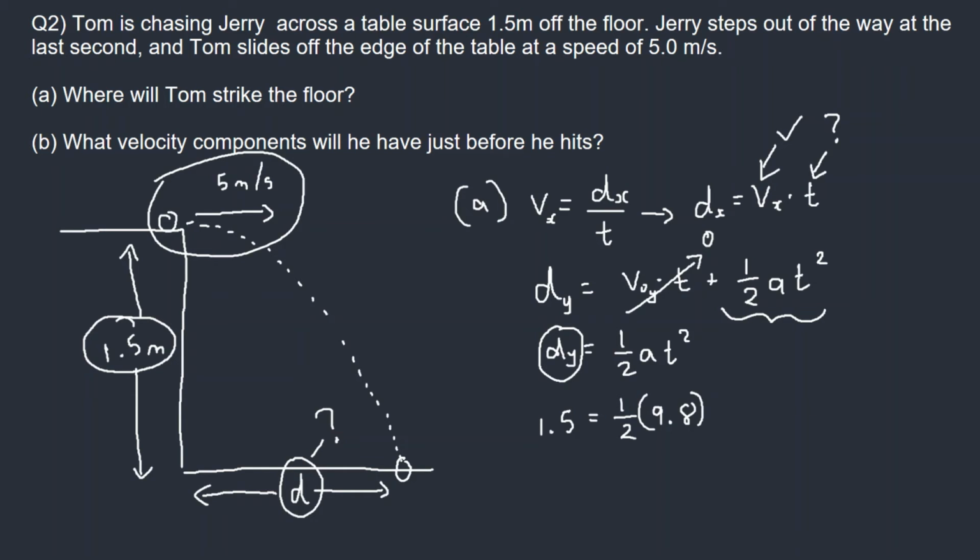I'm just going to omit that because technically by my convention this distance would also be negative if my convention was this, right, over here. But I'm just going to ignore that. I'm just going to keep everything positive because I know that at the end of the day I'm solving for time, and it has to be positive anyways. So 1.5 equals half times 9.8 t squared.